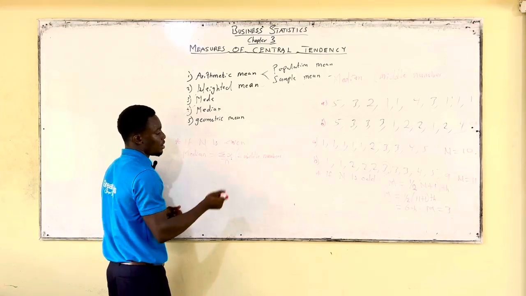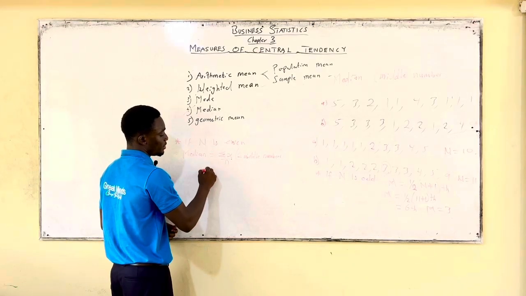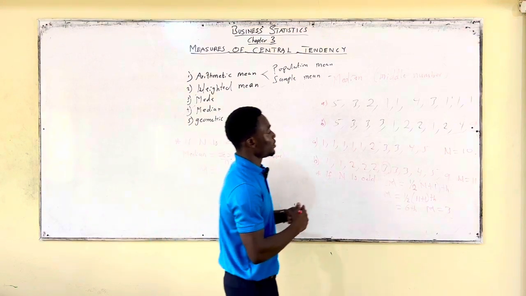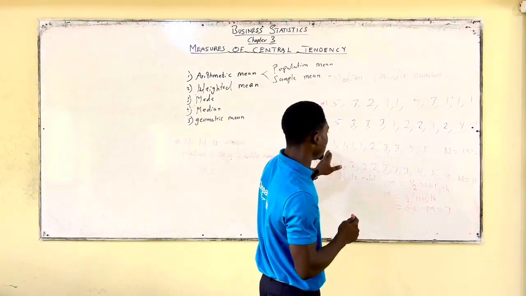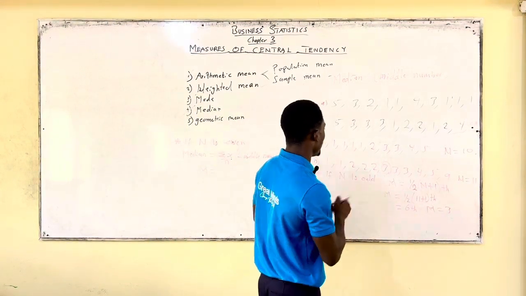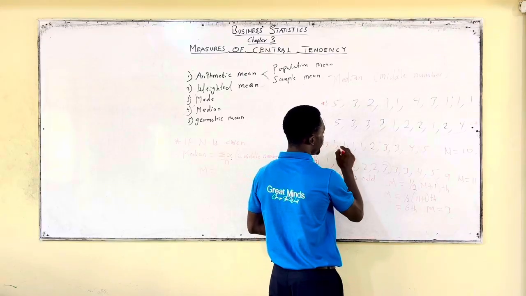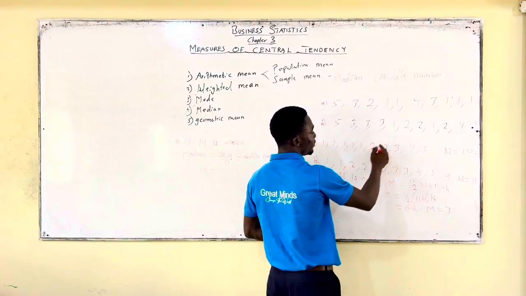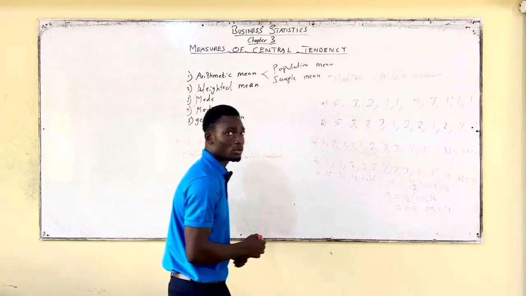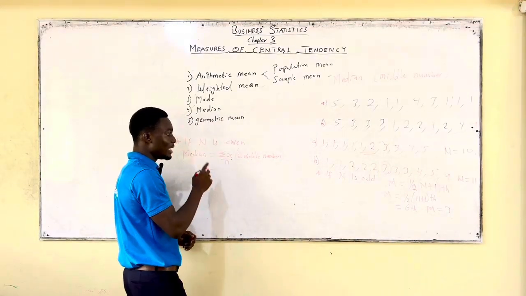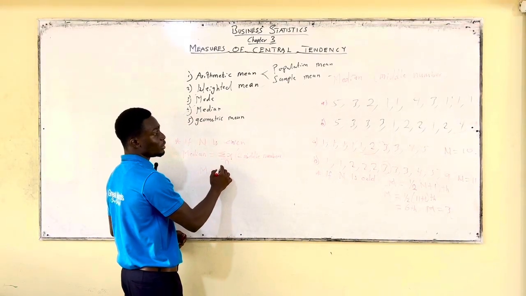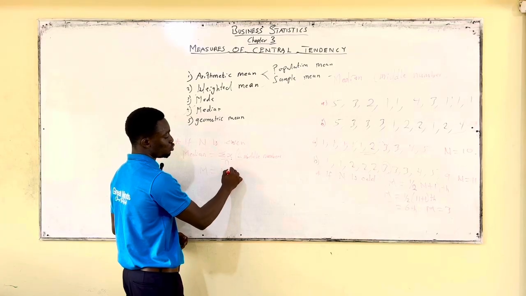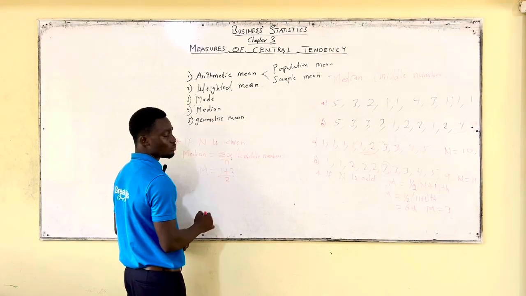So here, what are the two middle numbers? We have one taken away, we have 1, 2, 3 taken away. So we have 1 and 2 in the middle, right? So the median is going to be 1 plus 2 divided by 2.